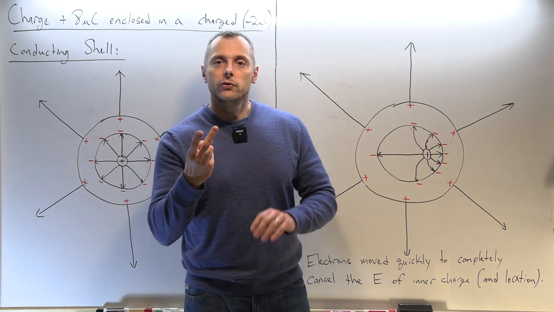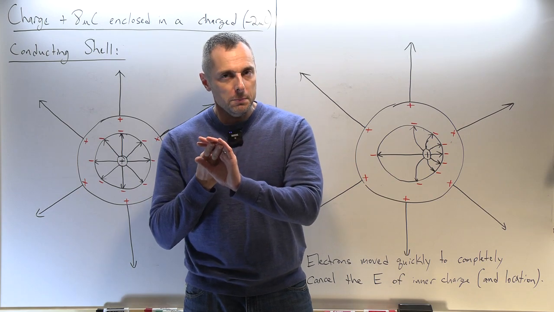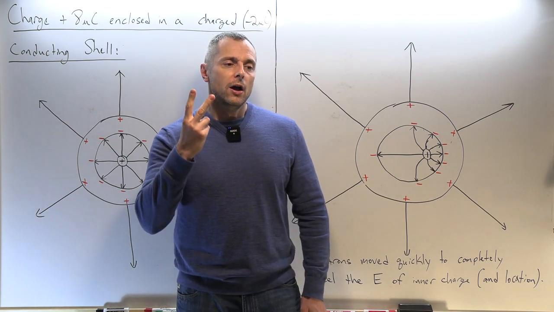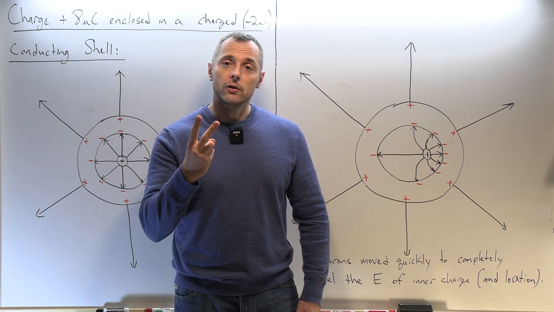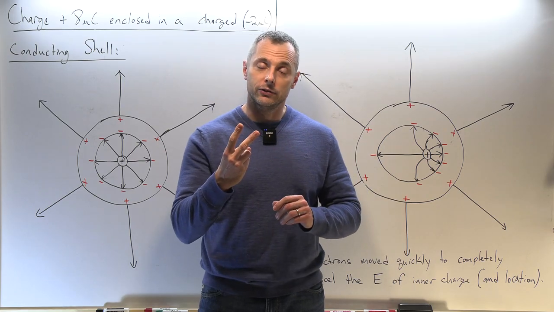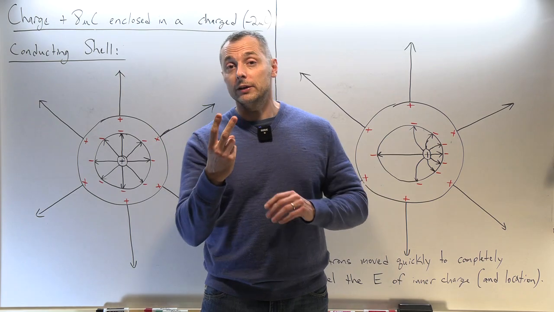A related idea is that the electric field at the surface of a conductor must always be perpendicular to the conductor. And those 2 facts are caused by the fact that electrons quickly move around to cancel any electric field along whatever direction they can move.